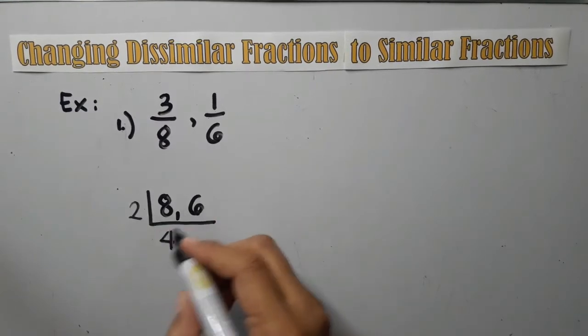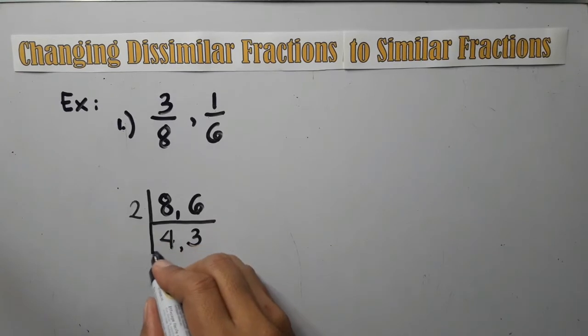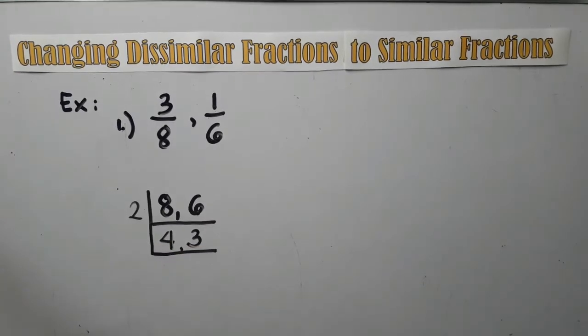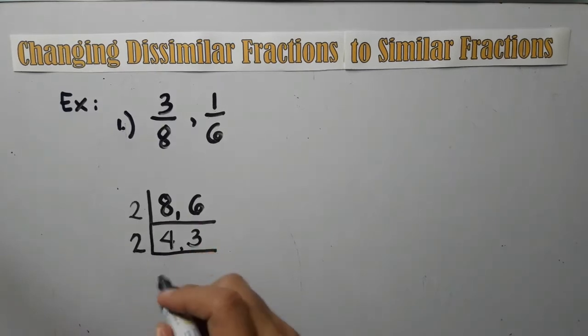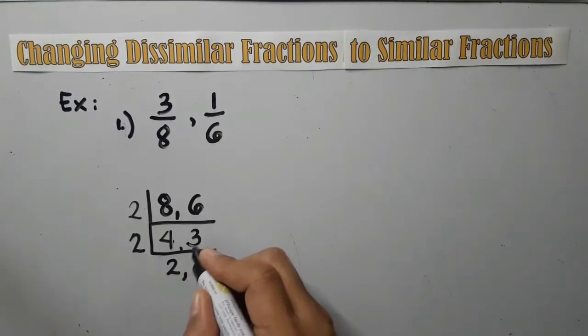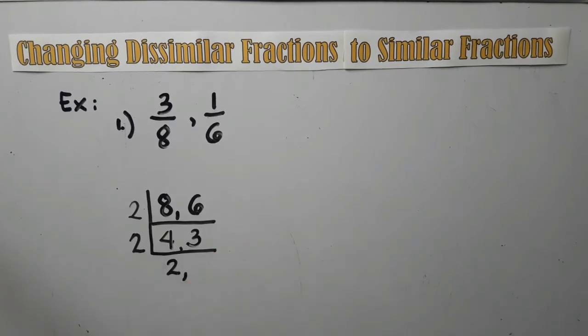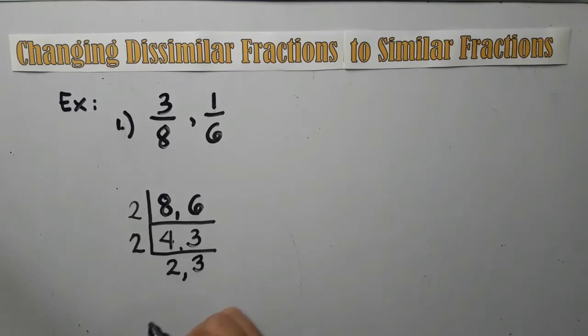And then 6 divided by 2 is 3. And then let's think of another prime number that we can divide either 4 or 3. So we can use 2. 4 divided by 2 is 2. And 3 divided by 2 is not exact, so we will just bring it down.